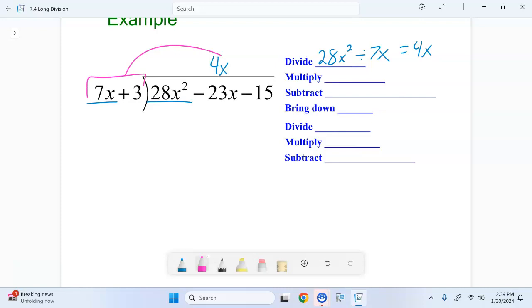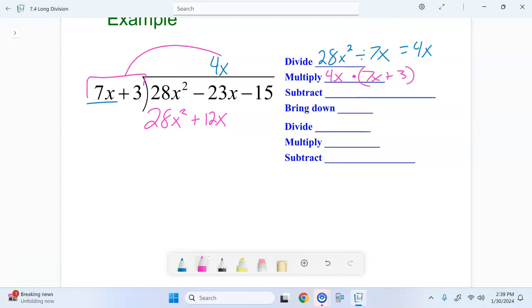So what is 4x times 7x? 28x squared. And then 4x times 3 is plus 12x. So we did 4x times the divisor, 7x plus 3.